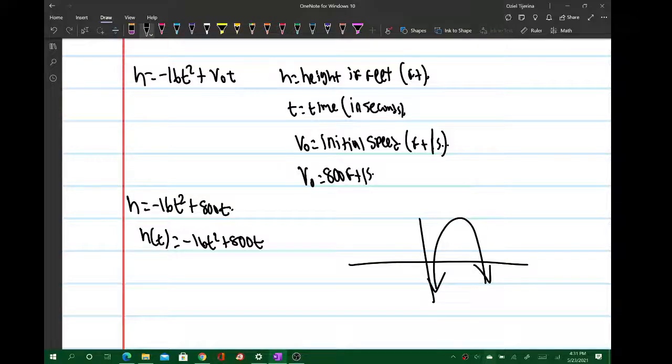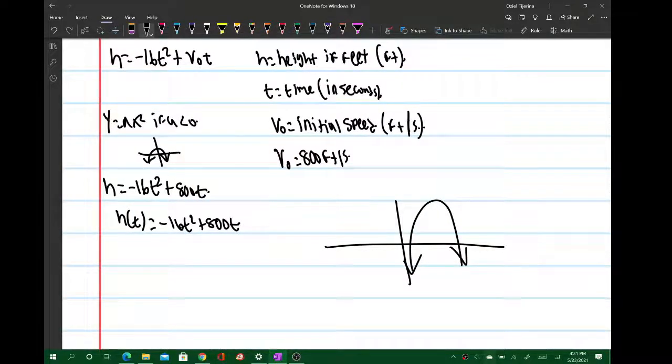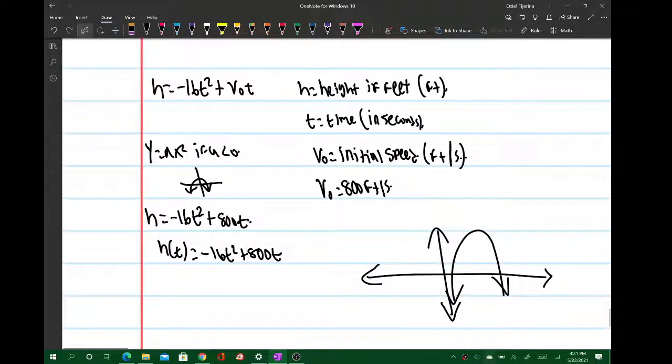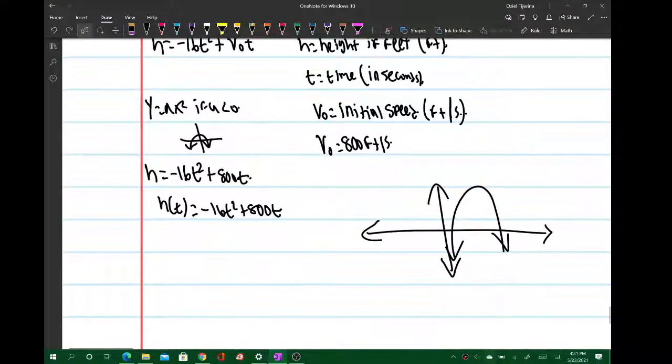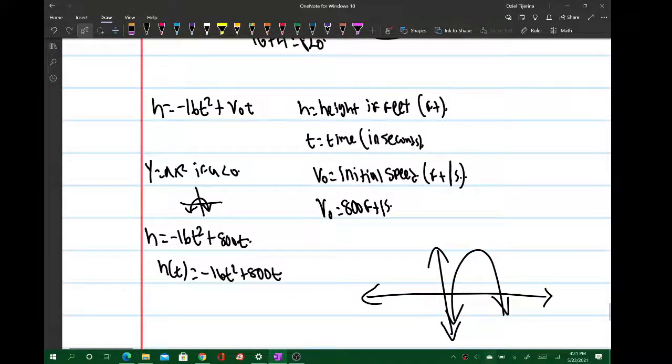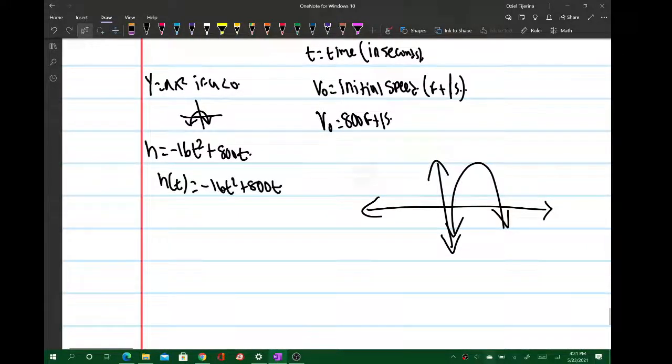Remember when I said that if y equals ax squared and a is less than 0, we get a graph like this. So when it's saying when, it wants us to solve for the time, which means the height is going to be 0.